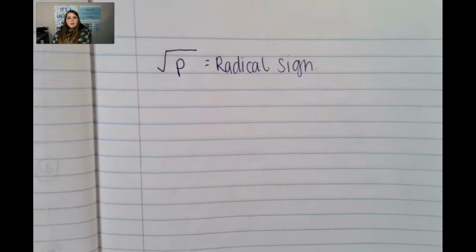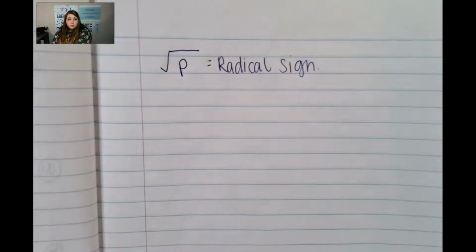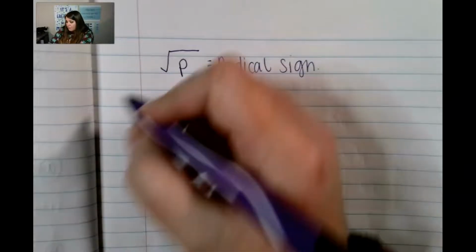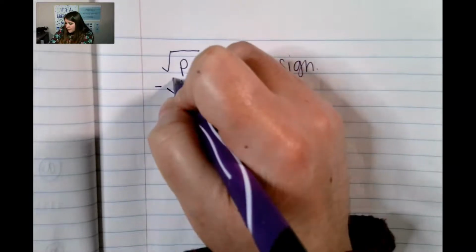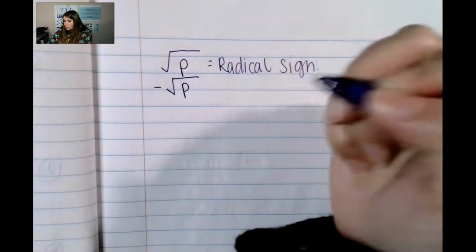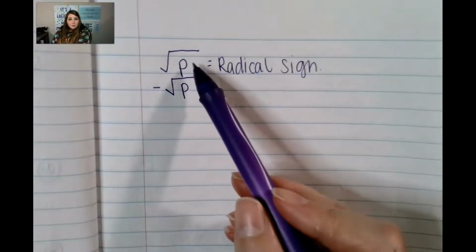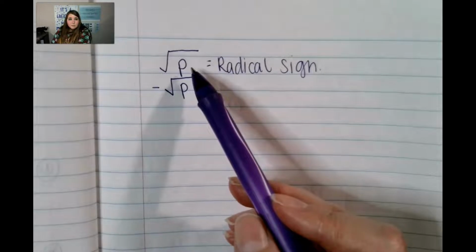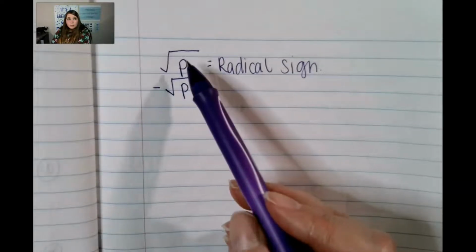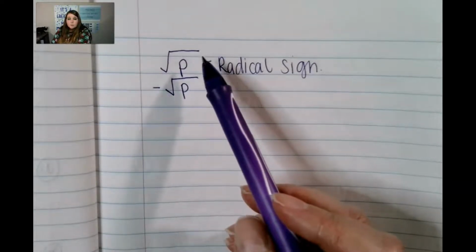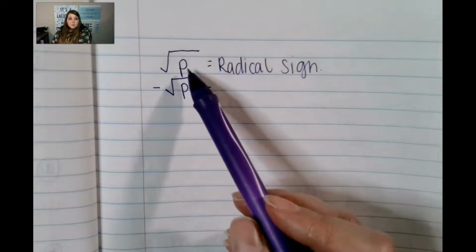Okay, something else that you should probably know. We're going to use the positive number on the inside of our radical sign to find the square root, because the number inside is positive. You can make your square root negative by putting the negative symbol on the outside of your square root. So we know that inside it's going to be a positive number because this times this gives us a positive no matter what. A positive, or a negative and a negative, those both give us a positive sign.